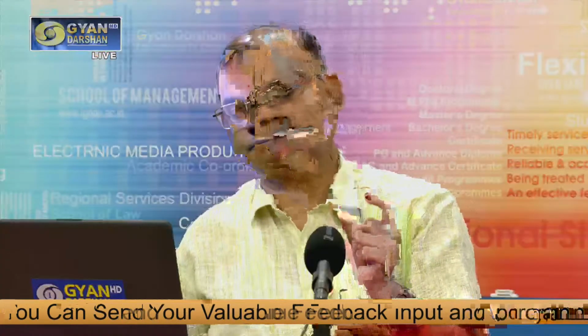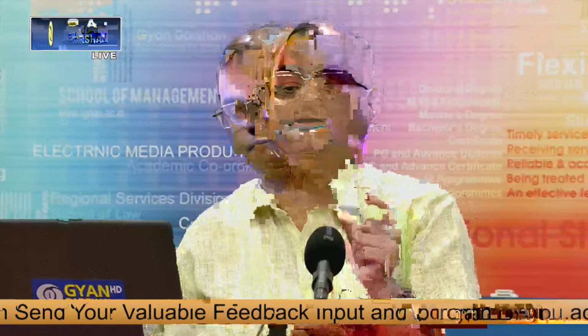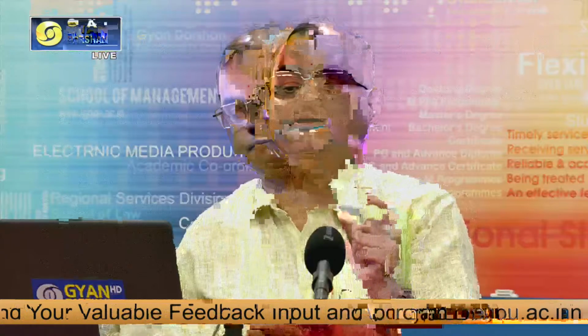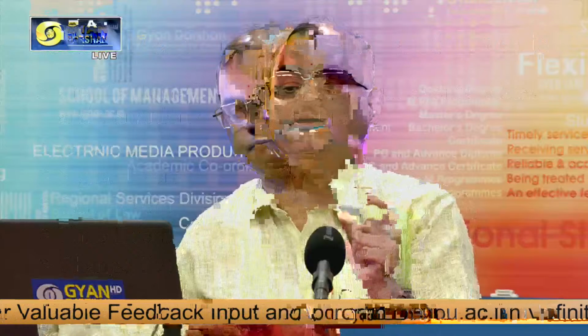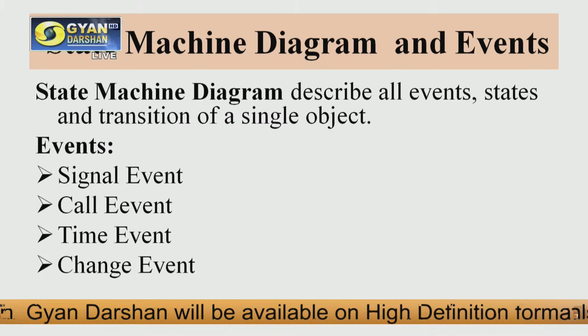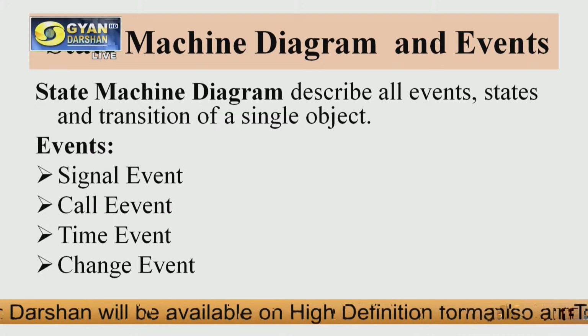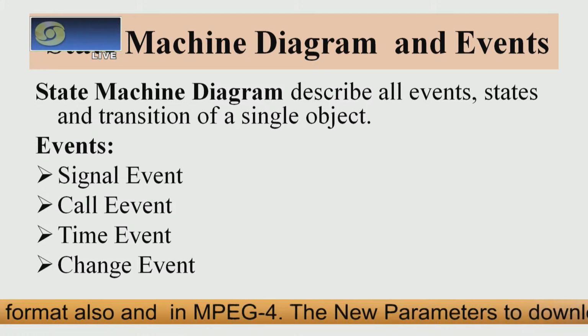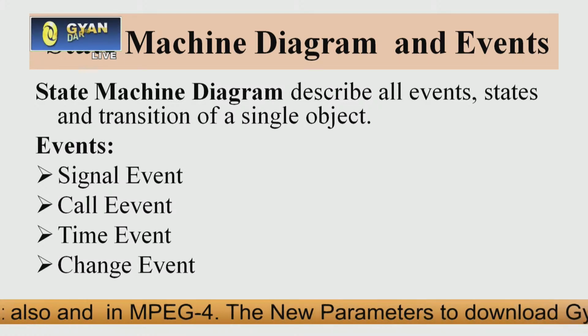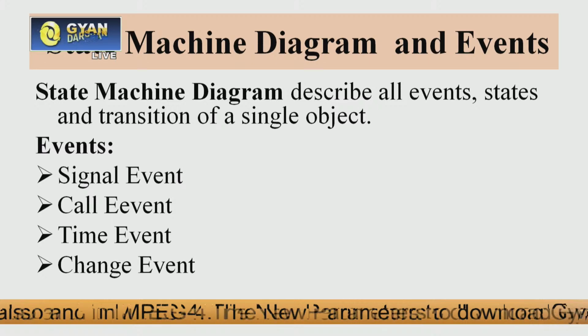Now let us talk a little bit about events. A state machine diagram describes all the events, states and transitions of a single object. If I take one object in a system, how this object completes its journey from its inception to its completion, meaning the whole object life cycle, we try to depict with the help of a state transition diagram.